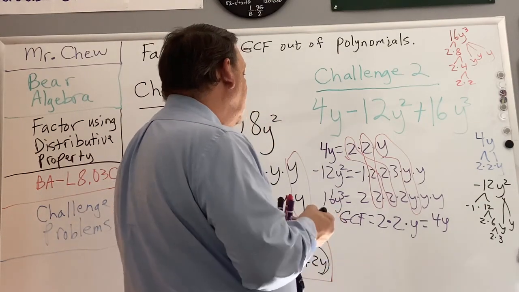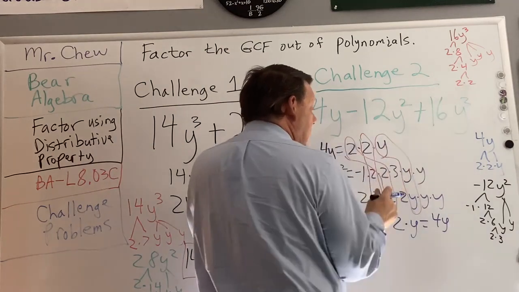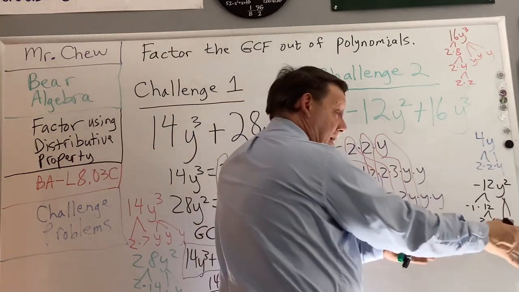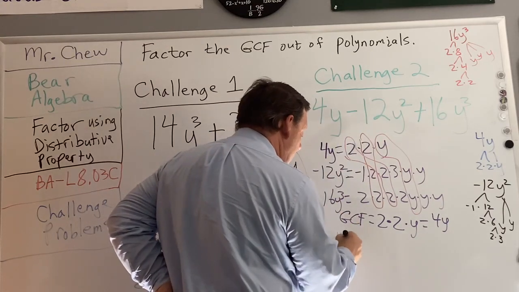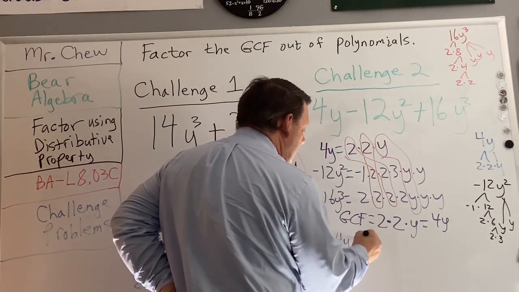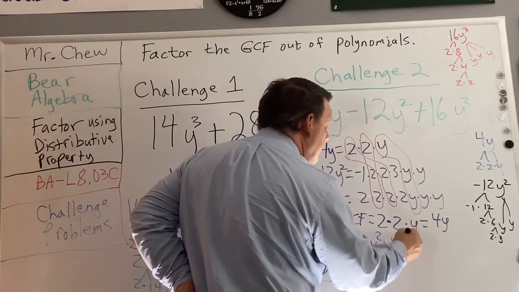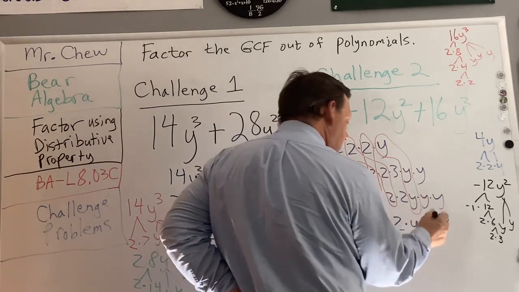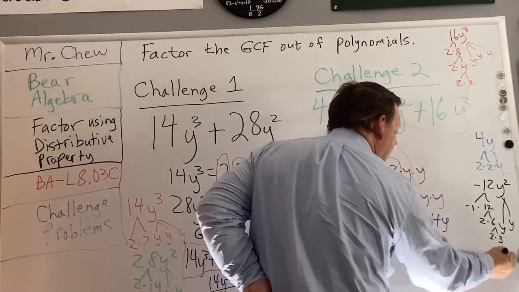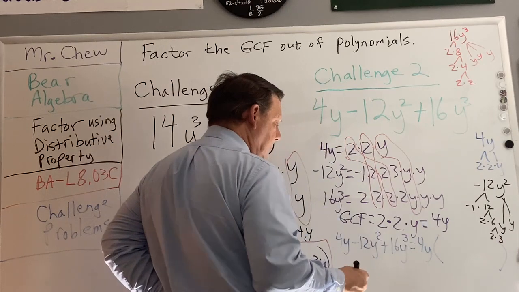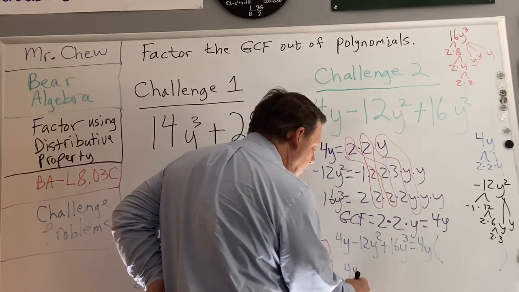So, to write out the equation where you've got your original equaling the GCF times that factored amount, I write my original 4y minus 12y squared plus 16y cubed equals my GCF times the parentheses.